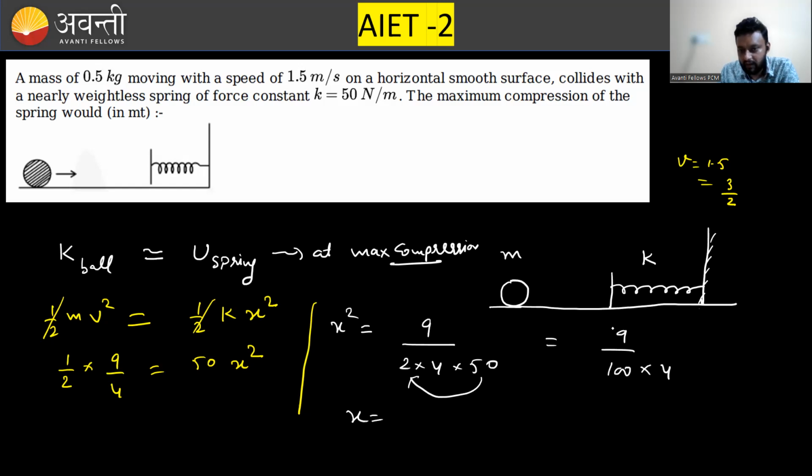Now x will be the square root of this, that is 3 by 100, square root is 10. 4, square root is 2. So 3 by 20 meter. You can simplify it in decimal terms, that will be another thing. But is this question clear?